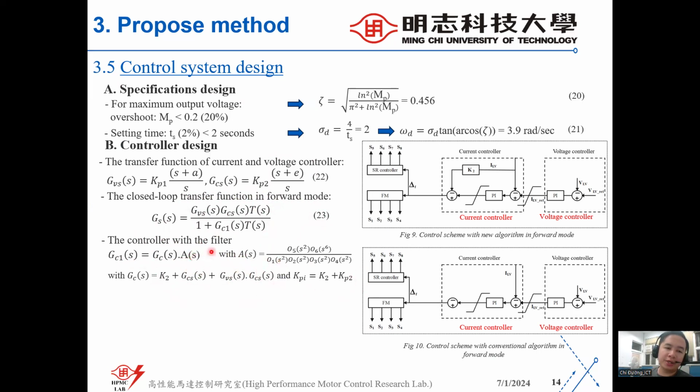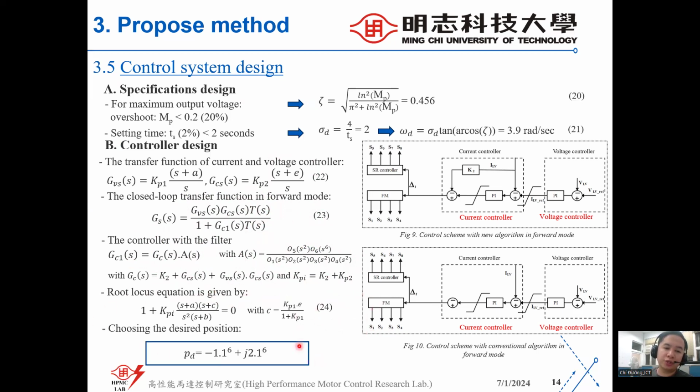And A is the filter for zero and pole cancelling in the test plant. And the root locus equation is given following equation 24, and we can choose the desired position in the PID.